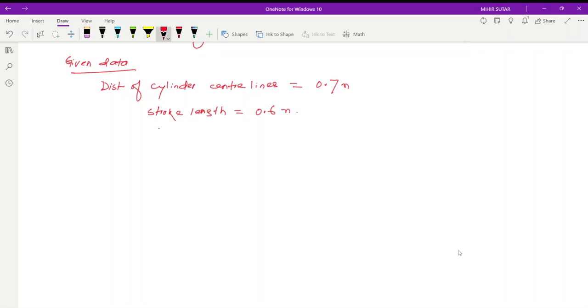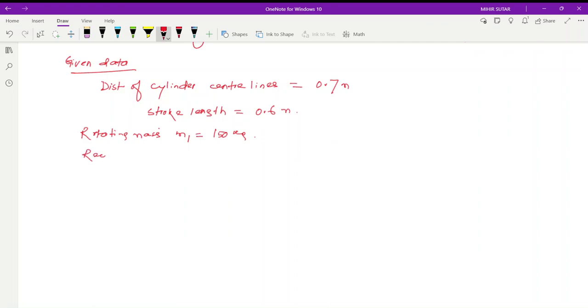Okay, stroke length is 0.6 meter. Then rotating mass M1 is 150 kg.